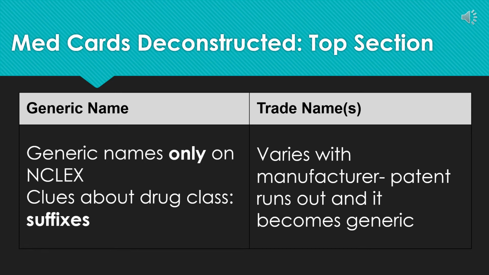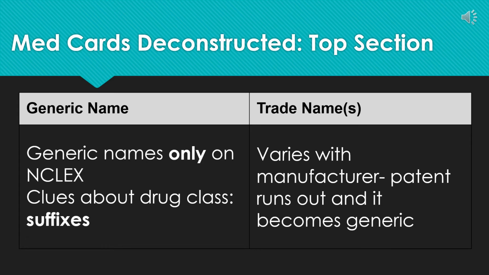The other good thing about generic drugs is that their suffixes will give you a clue about what drug class they belong to. So if you have a beta blocker like atenolol or propranolol, you'll notice that LOL is on the end. If you have a proton pump inhibitor, a PPI, for instance, like omeprazole, lansoprazole, AZOLE is on the end.